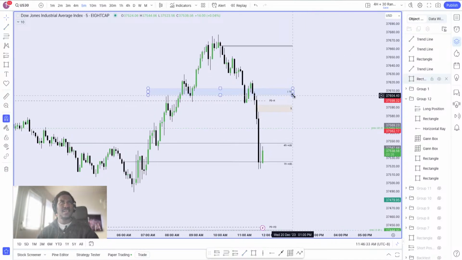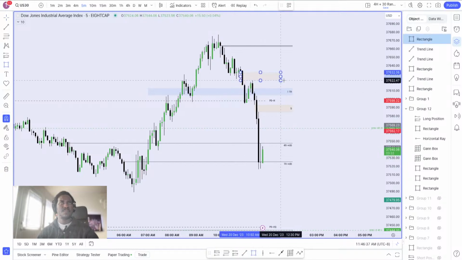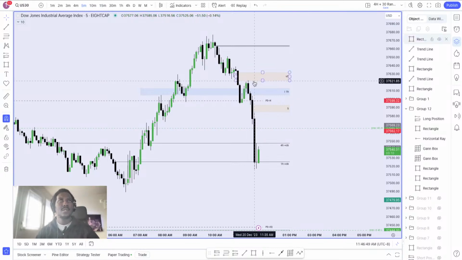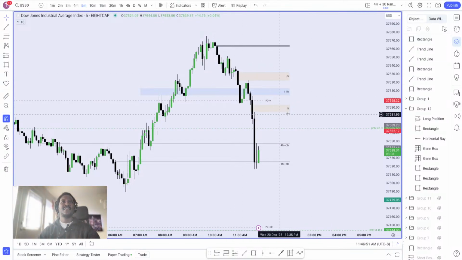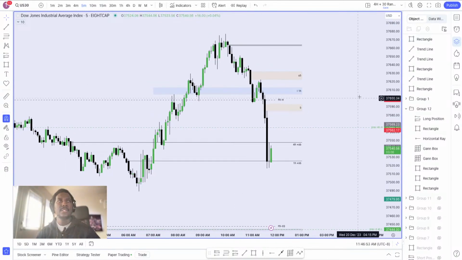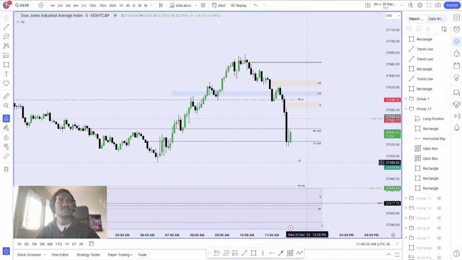And then we have this unfinished one over here. Originally it was from here to here, but we kind of went into it. So when I have it as U5, it lets me know that price visited that fair value gap. This one is untouched, right? So I think we're good.